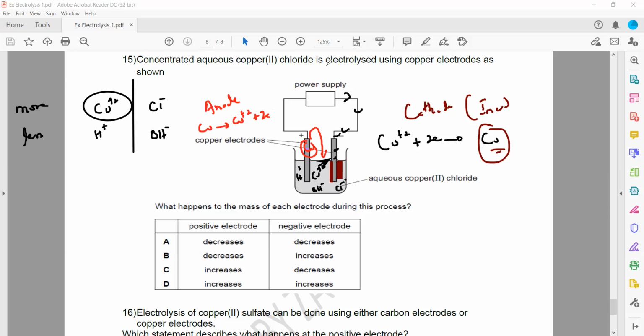Because the atoms are turning into ions, the size of the anode will decrease. So the positive electrode side decreases, and the negative electrode size will increase. That's why B will be the right answer. Is it clear, this question?